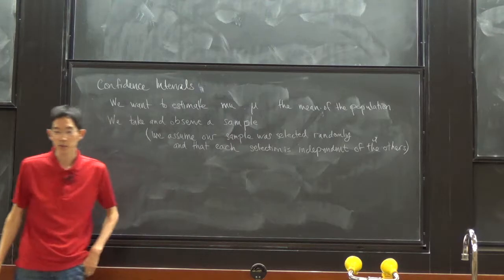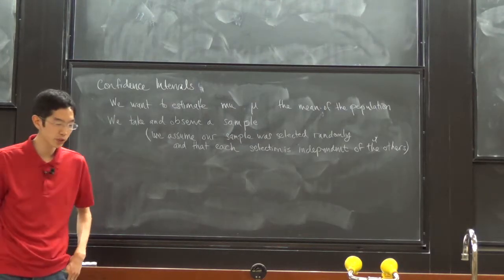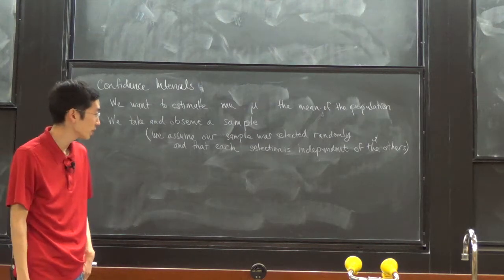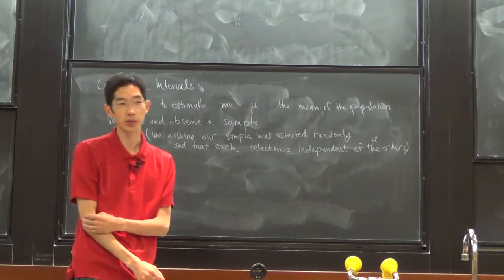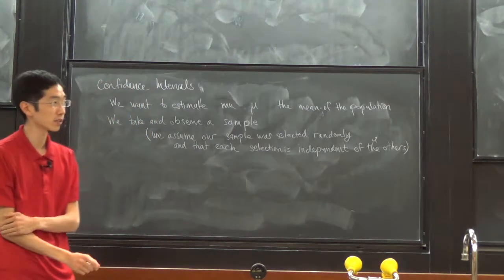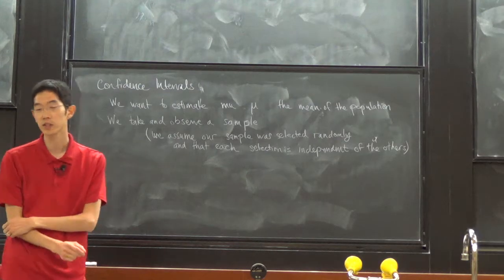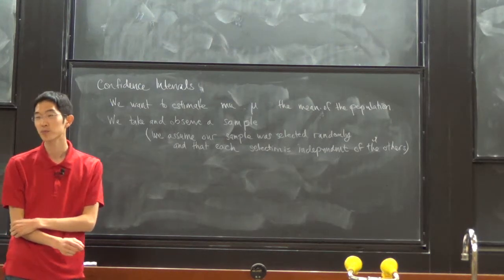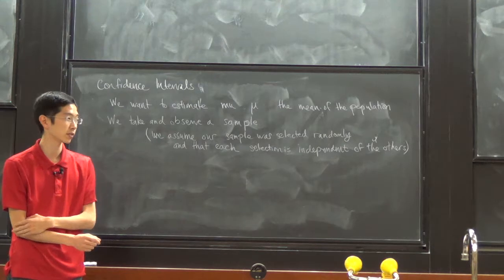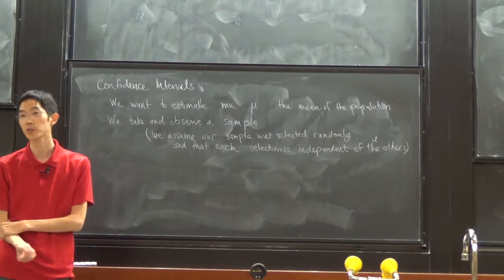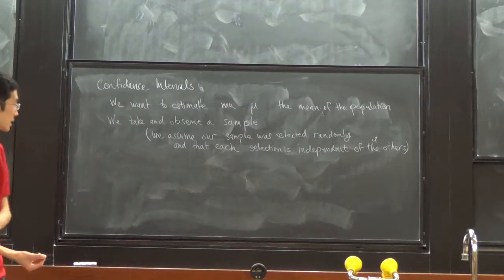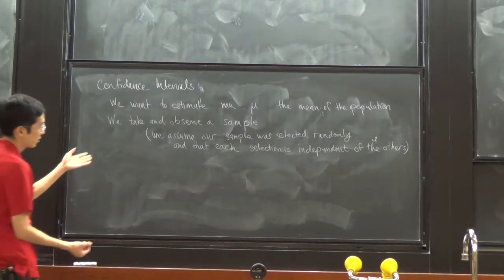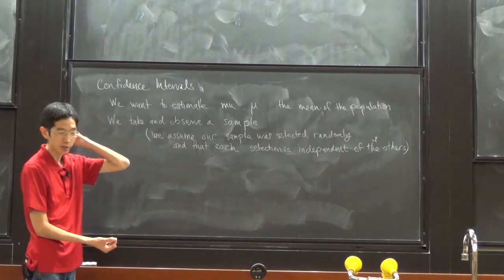Okay, that's an important assumption, because if that assumption is not true, then the methods that we use to create a confidence interval are not valid. Okay, so the way we create a confidence interval is based off of the central limit theorem, and the central limit theorem depends on the idea that our sample is selected randomly.